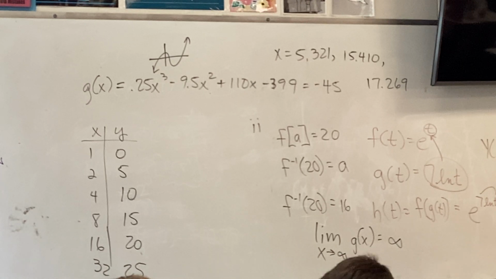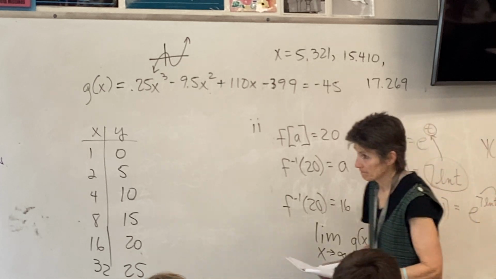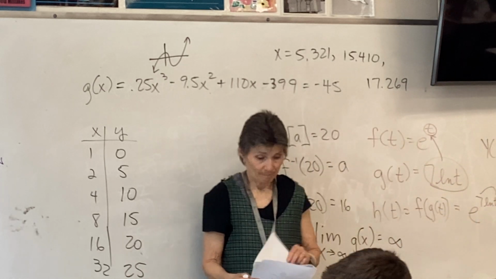The inputs are changing exponentially, and the outputs are changing linearly. If those were reversed, and the inputs were linear and the outputs were exponential, then we'd have an exponential function. Right? Inputs change exponentially, and outputs change linearly.